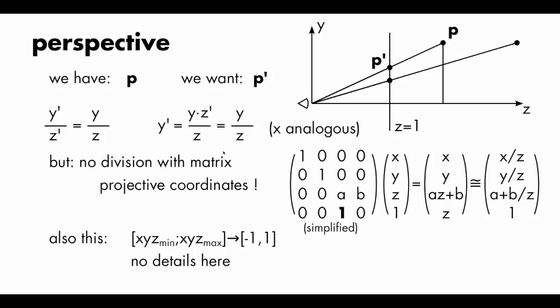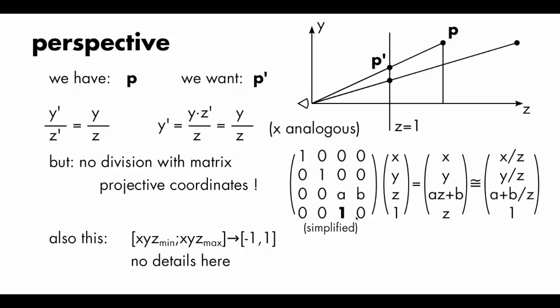Okay, that's easy. But we cannot divide with a matrix. So that might appear to be a problem. But it's not, because of projective coordinates again. If we have this kind of matrix here and multiply it with any point vector, we get x and y here, and some weird thing for z that we don't really have to worry about.